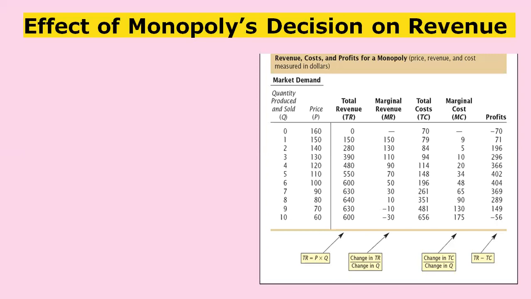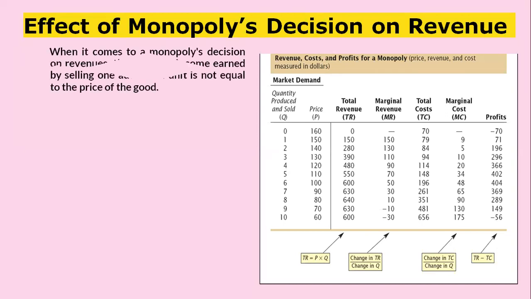Effect of monopoly's decision on revenue. When it comes to a monopoly's decision on revenues, the marginal income earned by selling one additional unit is not equal to the price of the good.